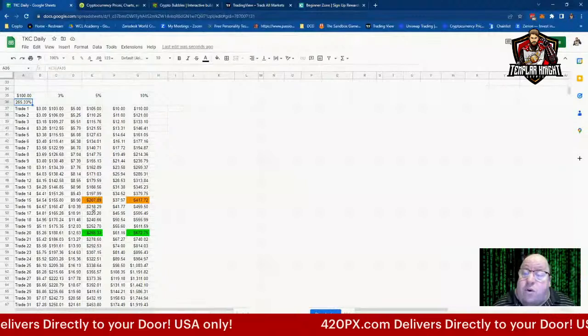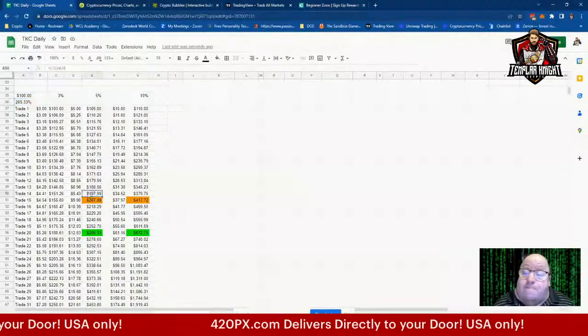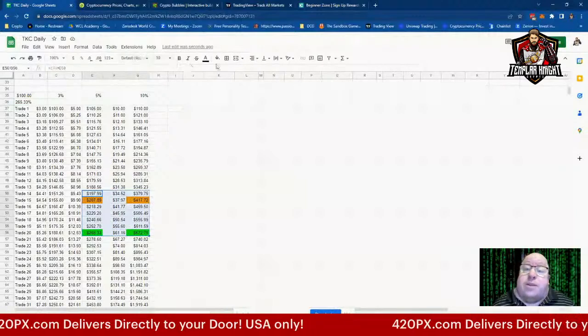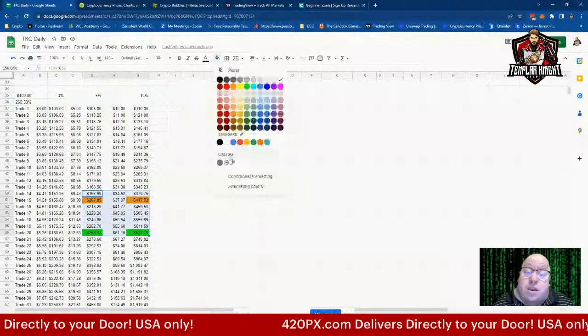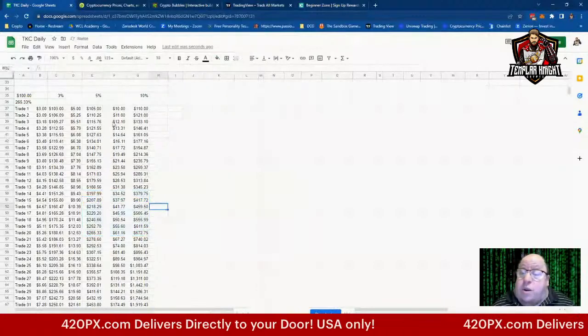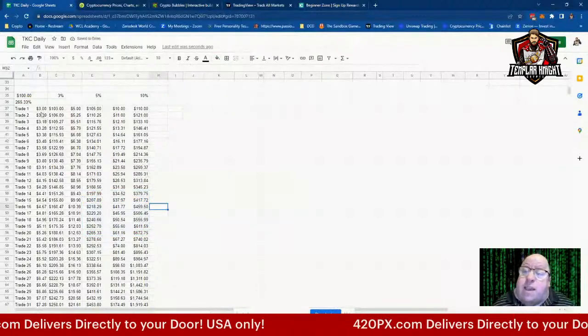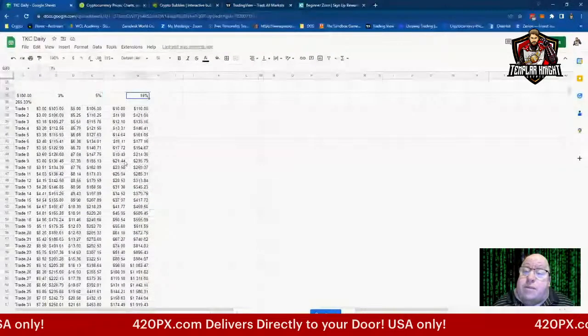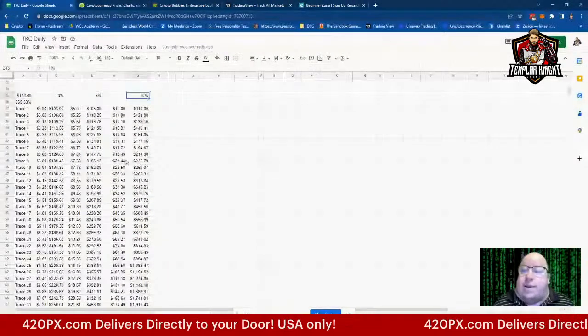And we have our chart here of earning potential, earning opportunities. So let's reset those. We're going to basically be looking at what is a 3% compound, 5% compound, 10% compound day over day.